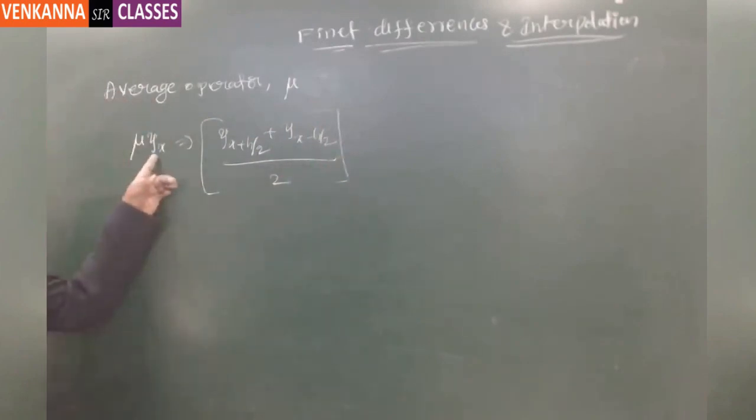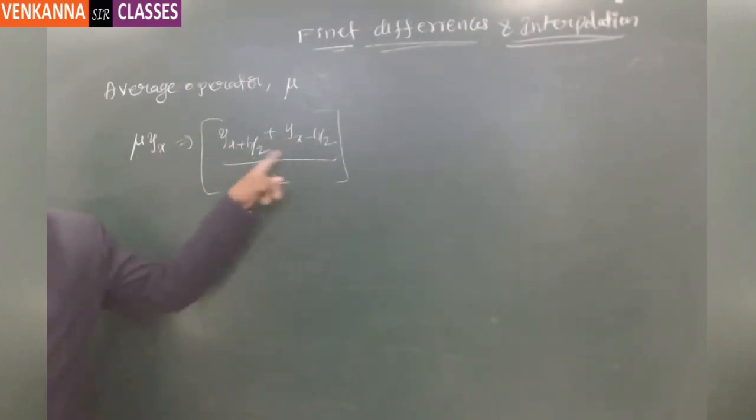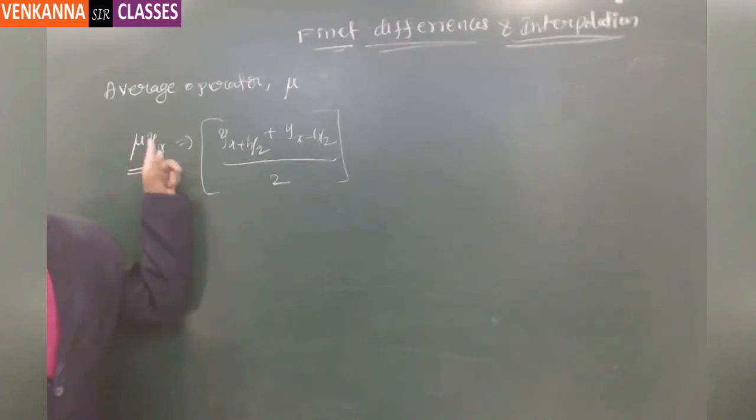For this particular function, when the average operator is operated, the value which is half less than and half more than this particular value, correspondingly take the average of these two, and that value is treated as mu of yx. So this mu is not a multiplication. This is an operator operated on y of x.